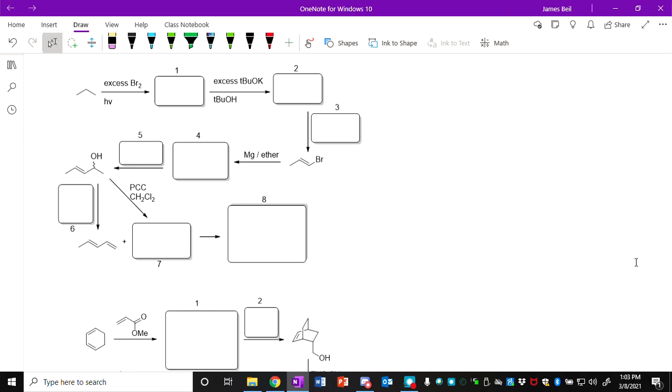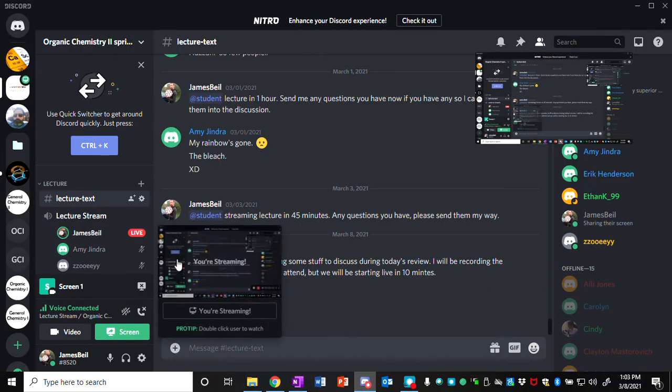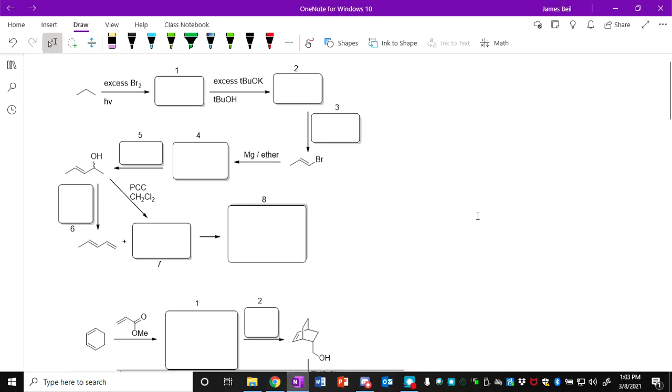All right, so this first scheme here, we're starting with propane. The propane is treated with excess Br2. So typically we would expect the secondary carbon to be more reactive because it can stabilize a free radical better than a primary carbon.